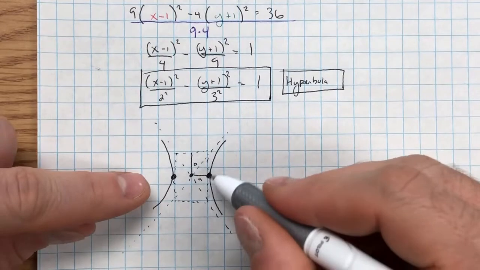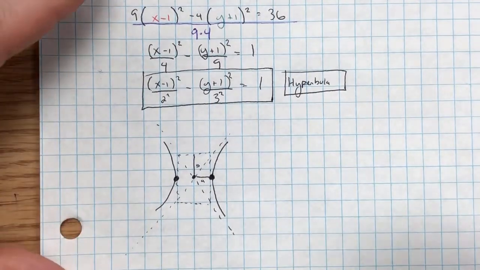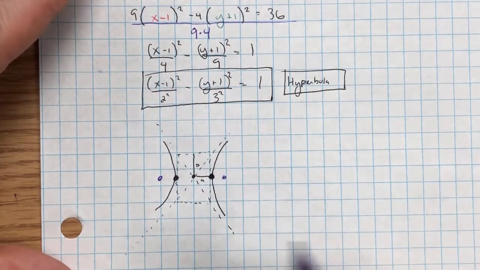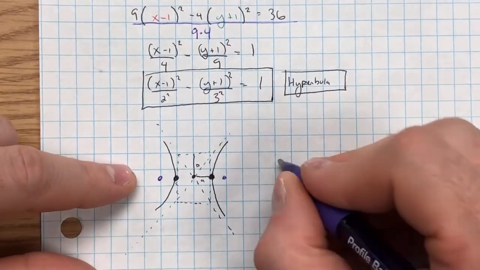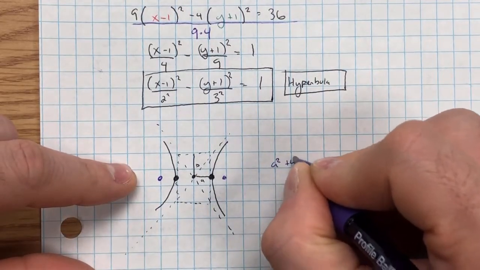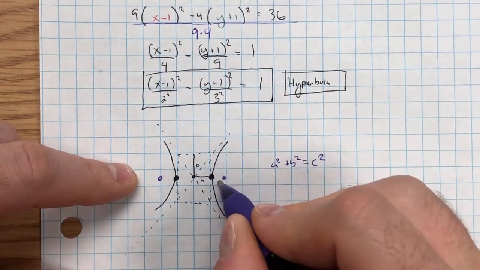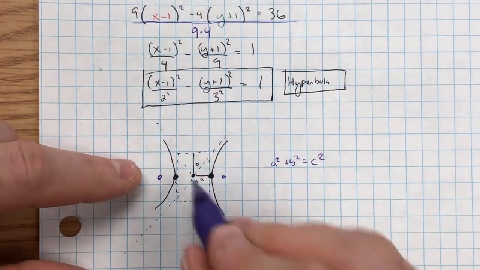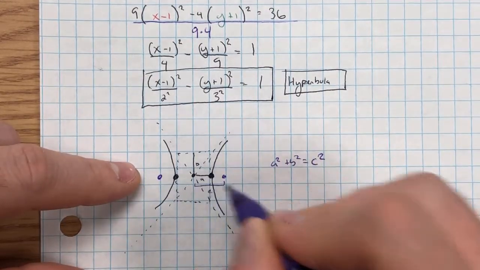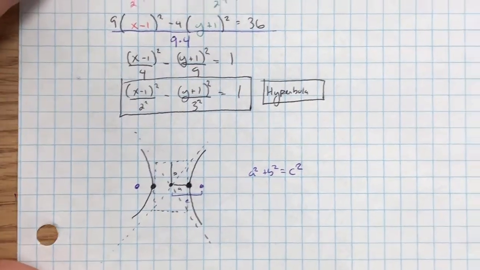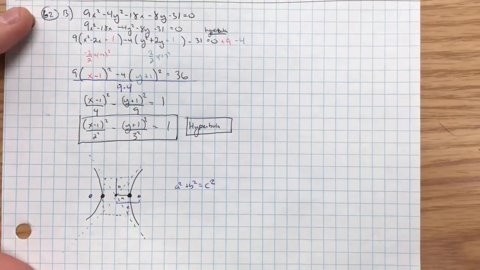And then my focuses, or my foci, are going to be over here. The foci on a hyperbola are found with a squared plus b squared equals c squared. That's going to give me my distance c, or actually, from the center, this is going to be c, not that little distance. And so that's all we're going to be doing. So let's set that up over here and take a look at everything that we've got.